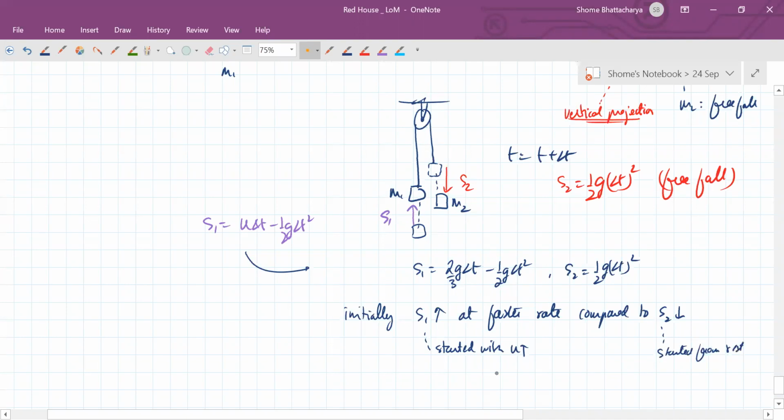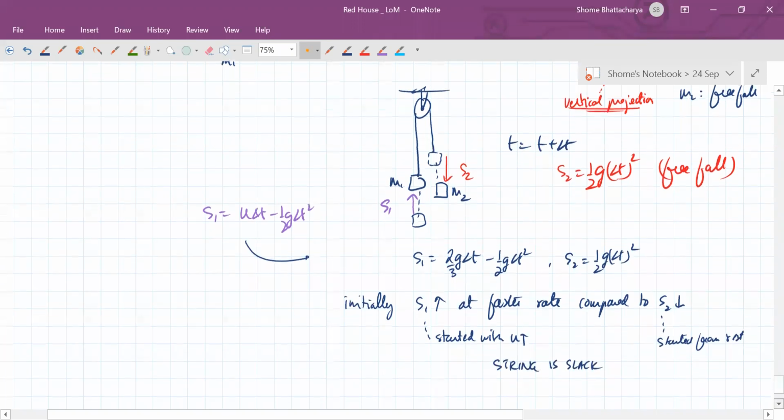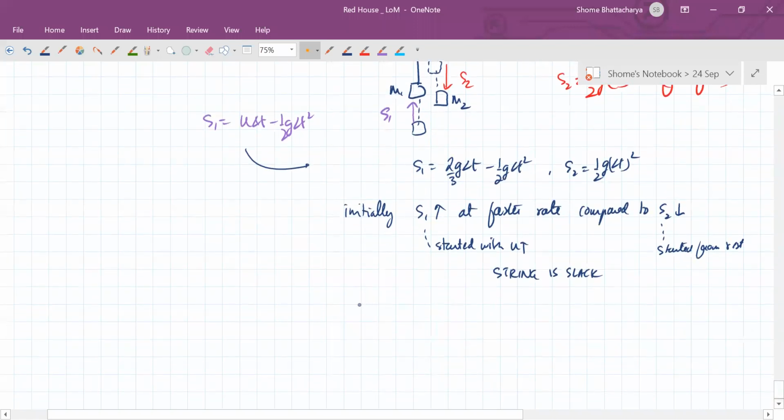Okay, so the string is slackening. Okay, but after some time s2 is coming down faster than s1 going up, because this is an accelerated motion, this is a decelerated motion.